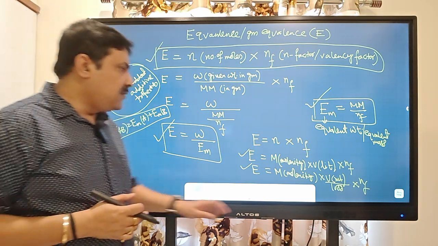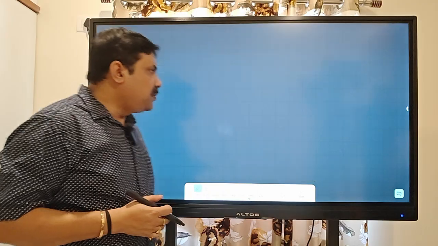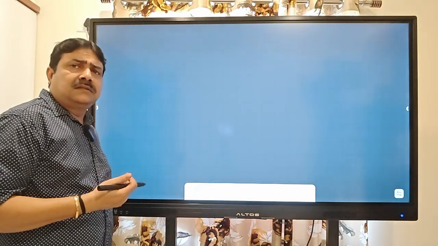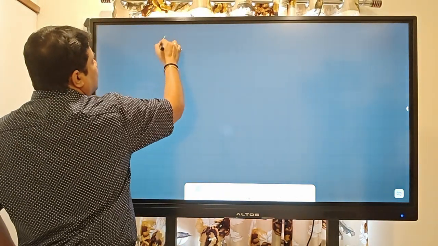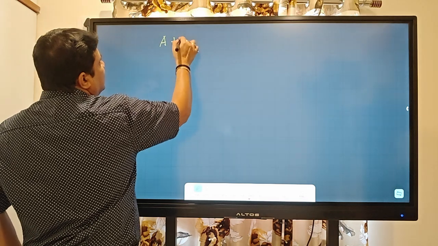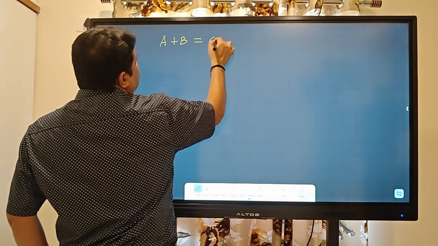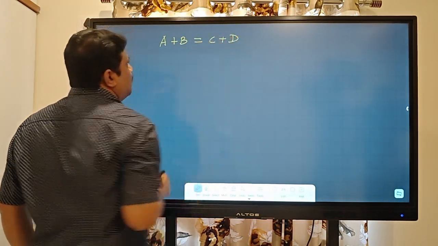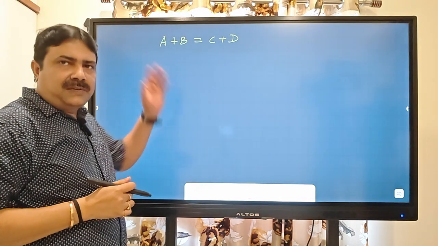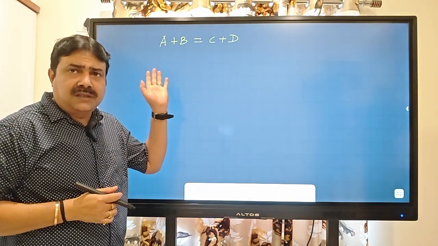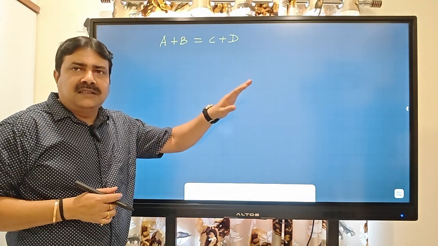Look at that one. Suppose A is reacting with B and forming C and D. Suppose this is a chemical equation. That means the left hand side is the reactant, by general convention, and the right hand side is the product side.